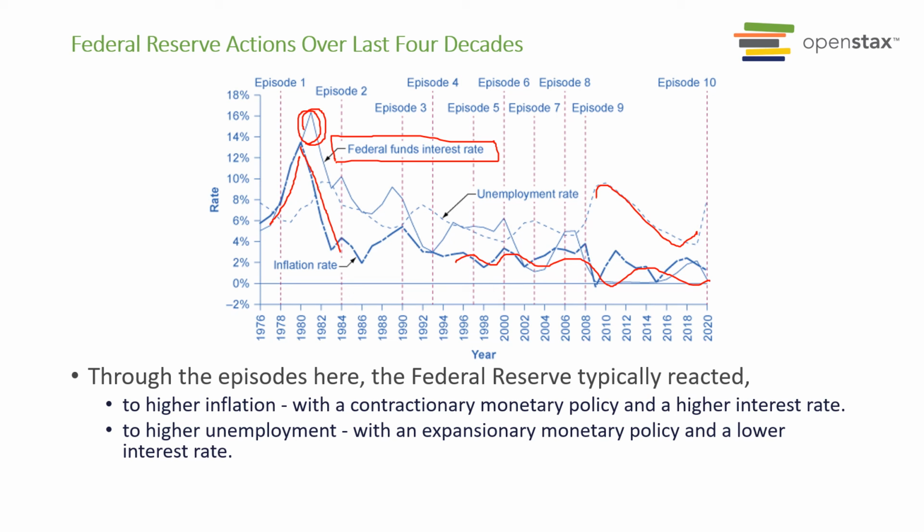And whenever unemployment is up, so that will be right here, see this high unemployment rate, then we try to lower the federal funds rate and make borrowing cheaper. So consumers and businesses borrow more money and the unemployment rate goes down, right? So we're going to play a very fine balance here between our unemployment rate and our inflation rate.